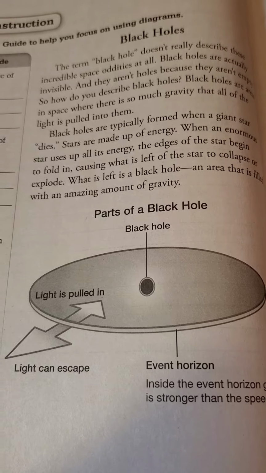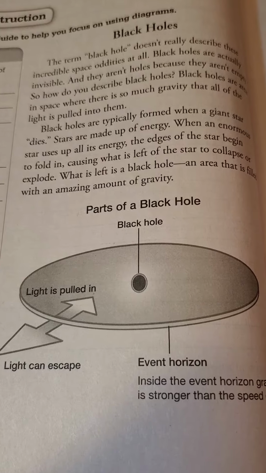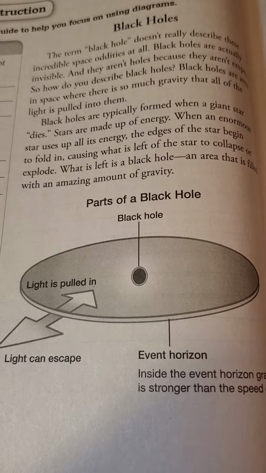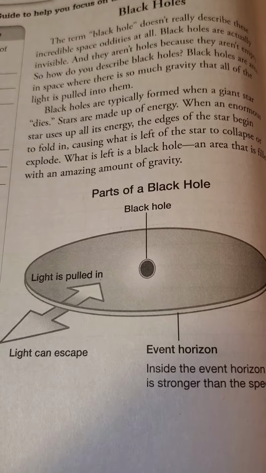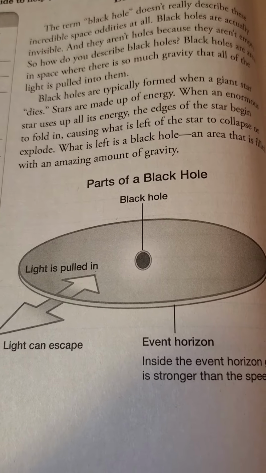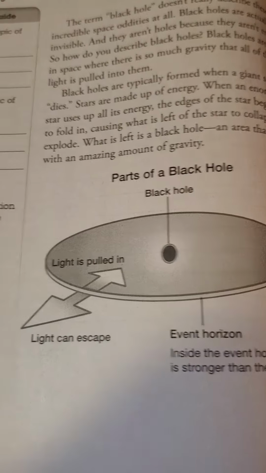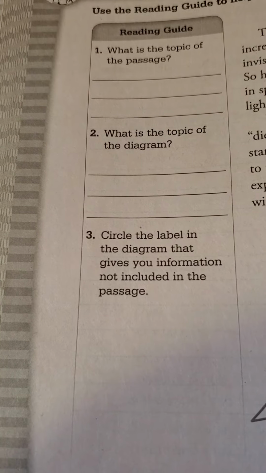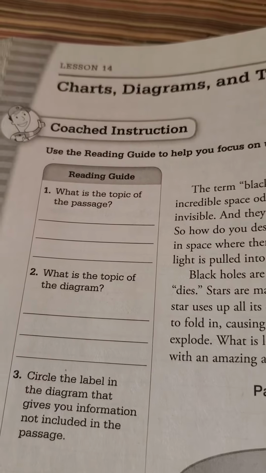A diagram has words and pictures, and oftentimes it labels different parts of something, like a diagram of a human body, or a diagram of a frog, or a diagram of a building, like a floor plan. It'll have different labels, and it'll sometimes describe what some of those parts are. And then we're going to circle the label in the diagram that gives you information not included in the passage. Okay, boys and girls, let's read together.